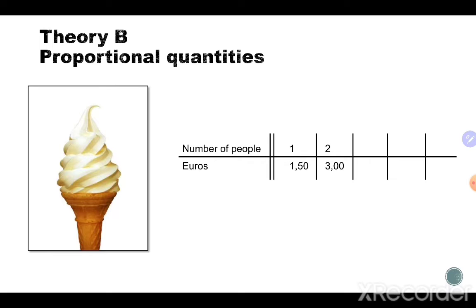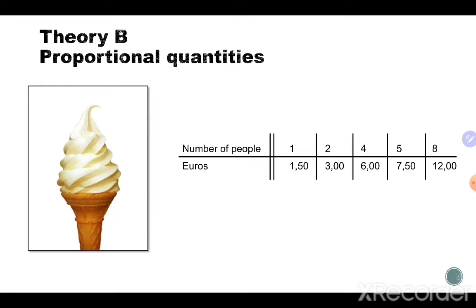If I buy four of them, then I need to pay €6. And if I buy 5 of those ice creams, then I need to pay €7.50. For 8 of them, €12.